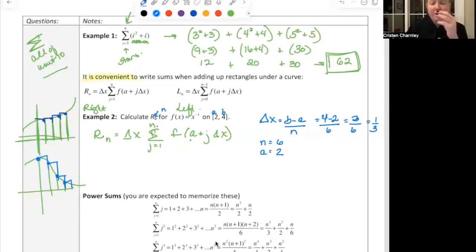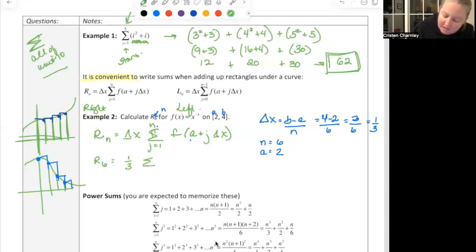J, you're not going to put a number in for j. j counts every time you go through the cycle or the loop. j gets one more onto it. So that's not anything that you have to change. We just know where j starts. We know where j ends, and it goes up by 1 each time. So when we fill in our formula, I have R sub 6. Delta x is going to be 1/3.